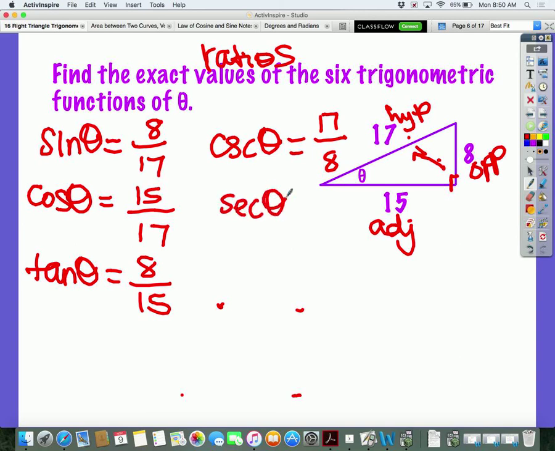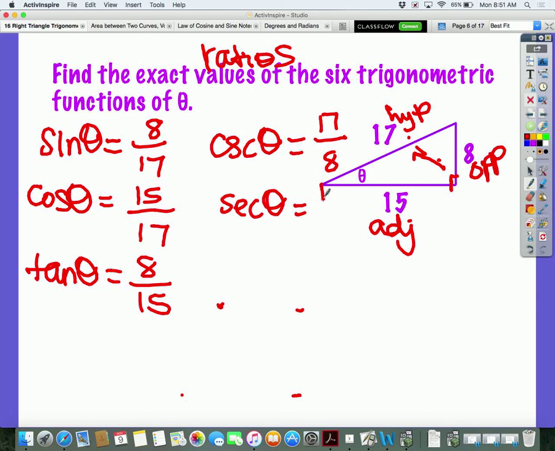What does SEC stand for? Secant. Secant is the reciprocal, hypotenuse over adjacent, or 1 over cosine. So all I have to do is take cosine and flip it.